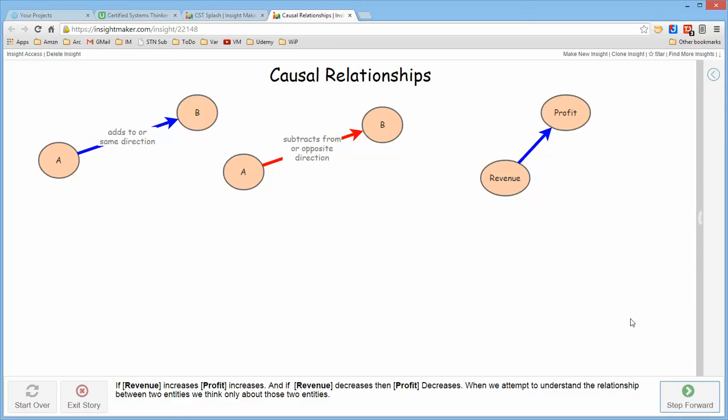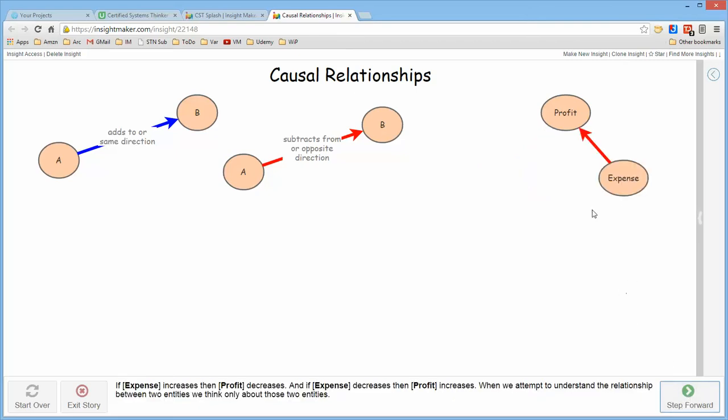We simply think about the relationship between these two entities. Don't think about what else might influence profit at the moment. Simply think about the relationship between revenue and profit. So if revenue increases, profit increases. If revenue decreases, profit decreases.